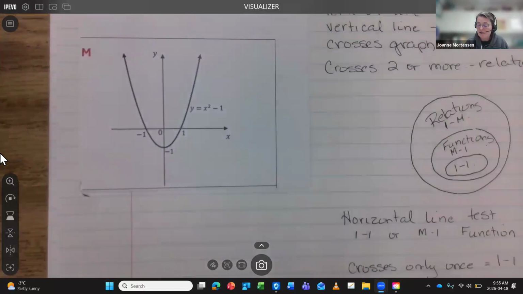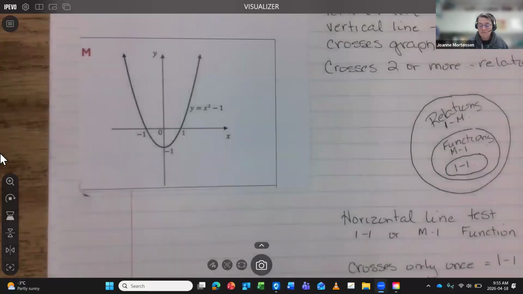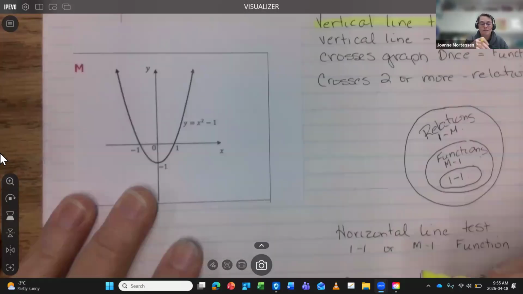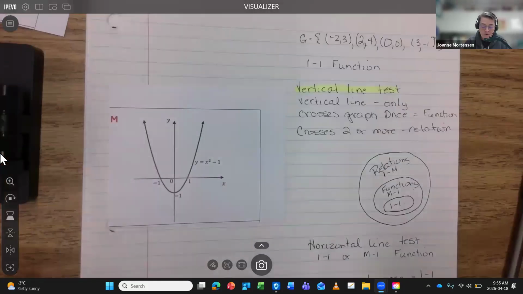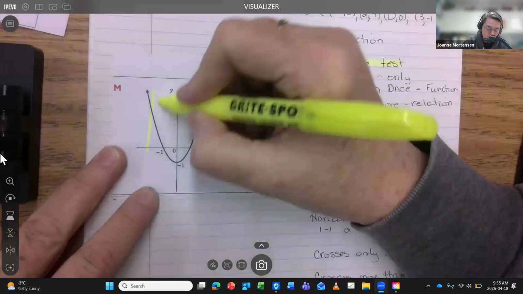But when having a pretty graph like this, by the way, it's a parabola, one of my favorite shapes, you still get to do the vertical line test. So all I do is start drawing vertical lines.